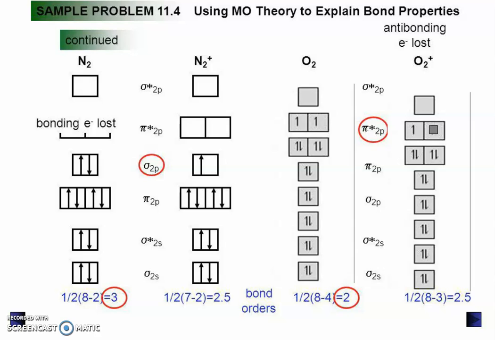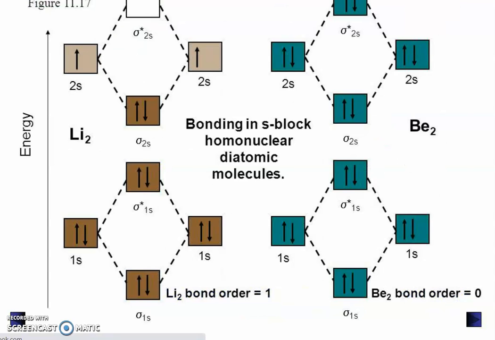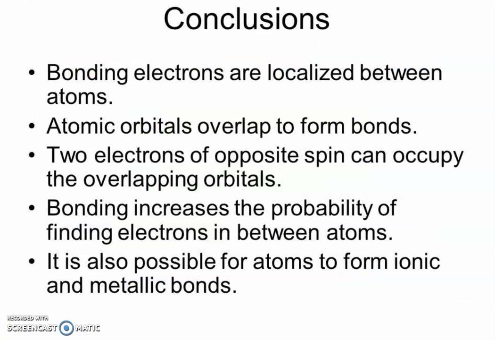Now using molecular orbital theory to explain bond properties, you can see here bonding electron loss and antibonding electron loss in O2 plus. Bonding in s-block homonuclear diatomic molecules: lithium 2 has bond order 1, Be2 has bond order 0.